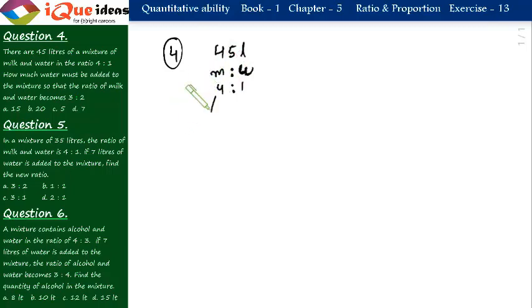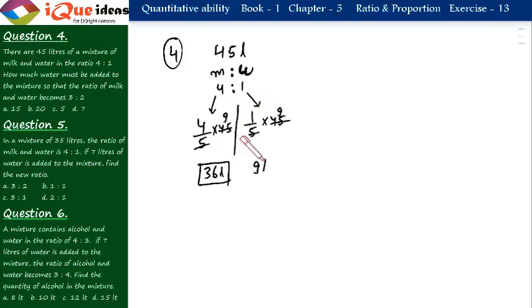So milk would be equal to 4 by 5 into 45, and water would be equal to 1 by 5 into 45. So 5 cancels 45 9 times, so 9 4s are 36 liters milk, and water comes out to be 9 liters. So in our 45 liter mixture, milk is 36 liters and water is 9 liters.